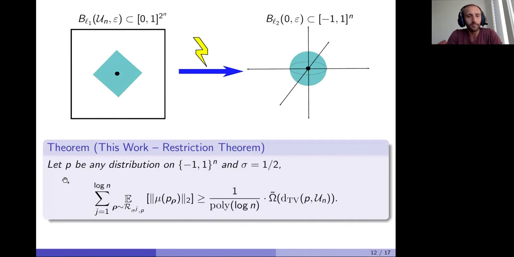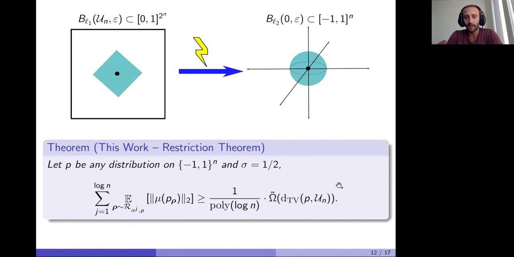So in some sense, if P is any distribution over {-1, 1}^n, setting sigma to 1/2 for the probability of including some index as a star, then we have that the Euclidean norm of the mean vectors after taking a random restriction, where we vary the sampling probability according to all possible levels of sampling between 1/2 and 1/n, is lower bounded by the distance in total variation up to polylog factors.